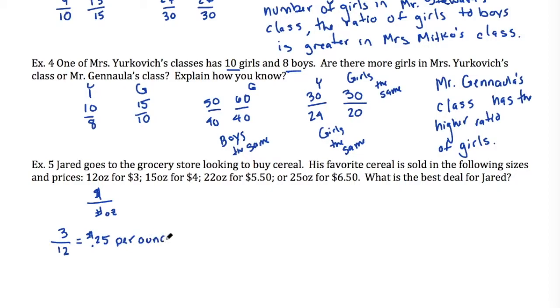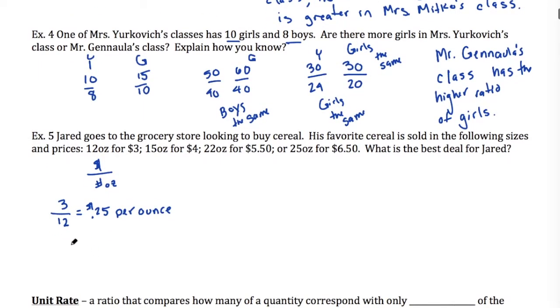And that's for 1 ounce, basically. Each 1 ounce is going to cost us 25 cents, or $0.25. It'd be the same as reducing this fraction to where we had 1 in the denominator, we would have 0.25 in our numerator. So this would be a ratio of 0.25 to 1.